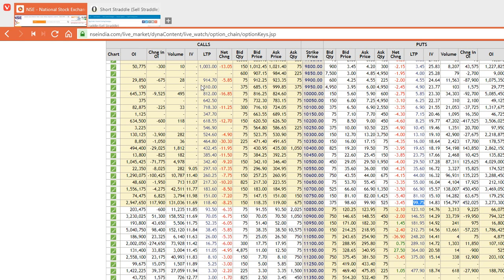When an index is trading in a range, that means it goes up, then it comes down again, then it goes down a little, and then it comes back again. That's basically known as trading in a particular range. So what happens is, the person who has bought a call will not make money, and the person who has bought a put will also not make money, because he doesn't know when to book profit.